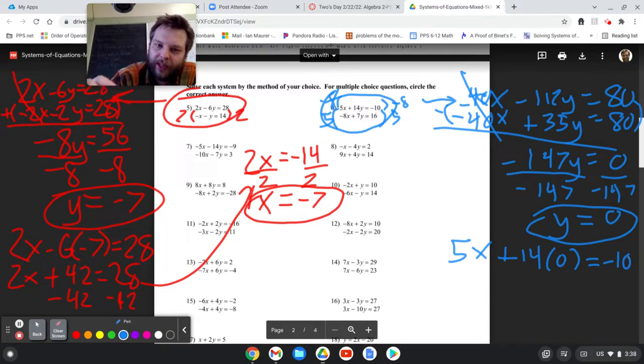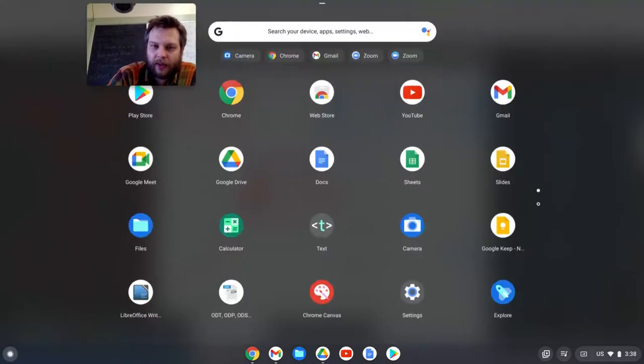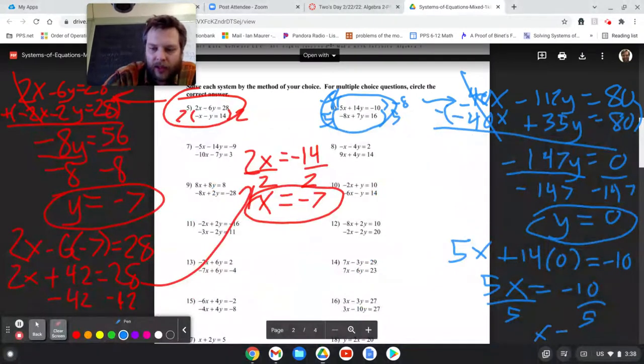So instead of writing 5x plus 14y, I write 5x plus 14 times 0. And 14 times 0 is 0, so I don't need to write it anymore. 5x equals negative 10. Divide by 5, and I get x. Whoops, that's cool. X equals negative 2.